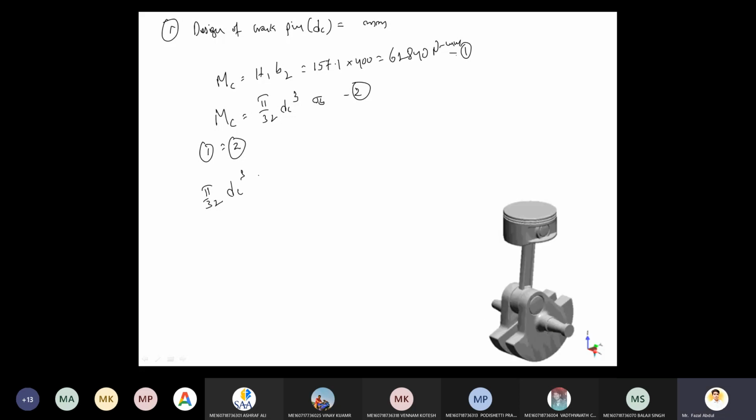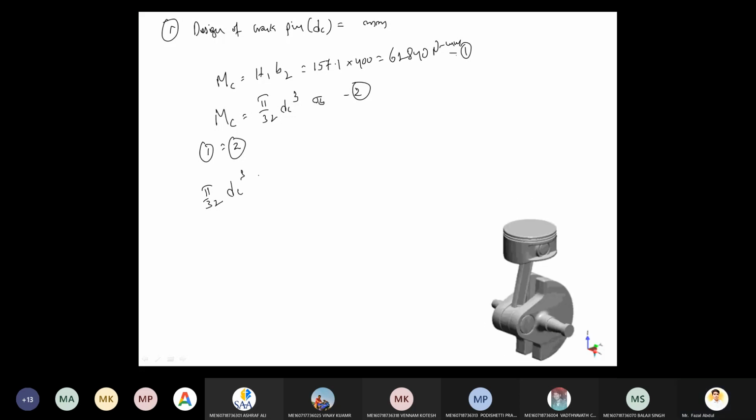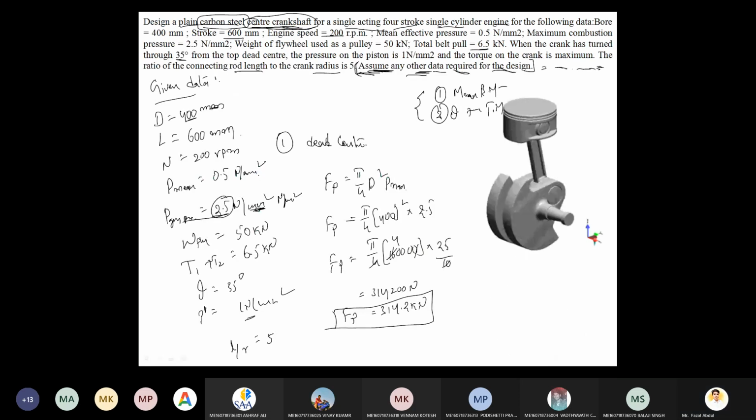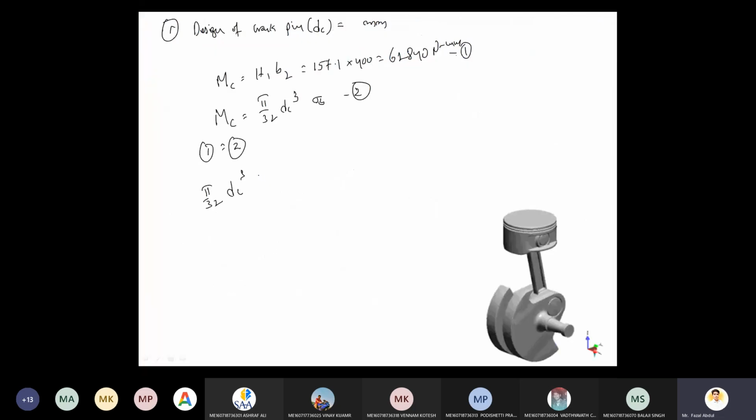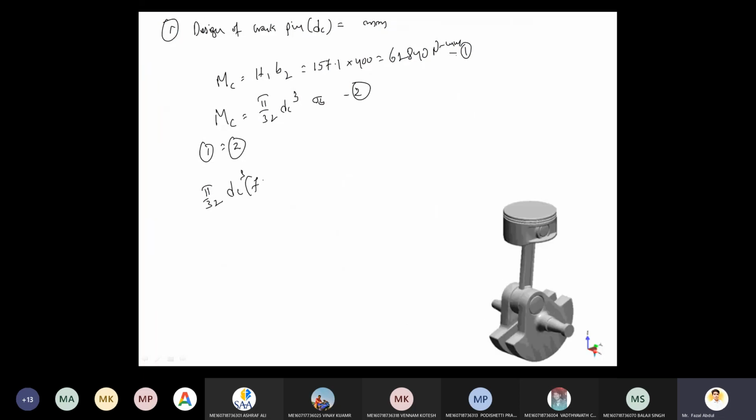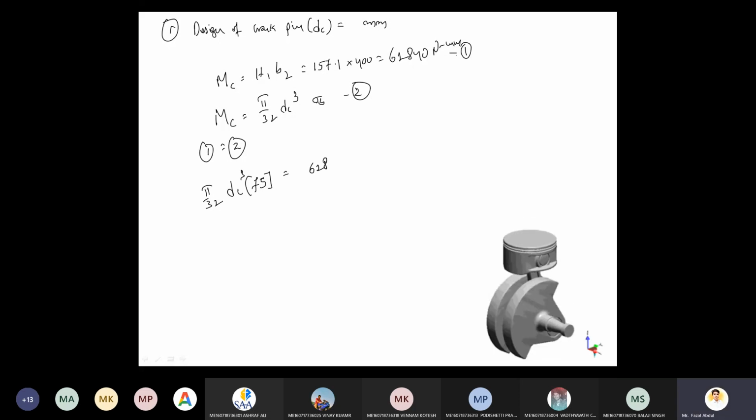Sigma b value, how much? See whether it is given in the problem. Sigma b value is not given in the question, so I am assuming the permissible limit for plain carbon steel. The material name is given, and based on plain carbon steel, the sigma b value is 75. I am writing that equal to 62840.